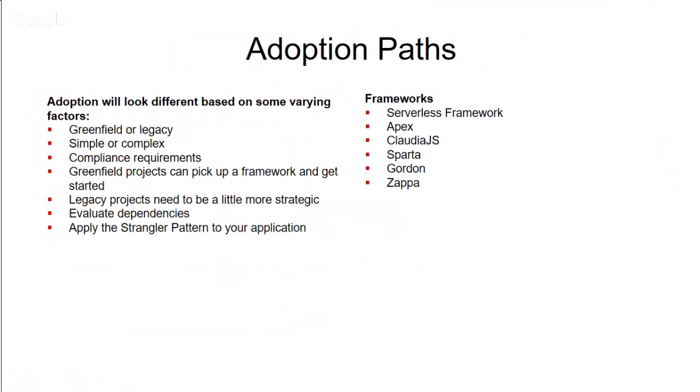And apart from it, legacy projects need to be more strategic. They need to strangle your applications. For example, take a small bit from your monolithic application, migrate only that to serverless, and see how it works, and then slowly migrate every part. Okay, decouple. So identify different tiers of your application, take a small service within your monolithic application, and convert it into a serverless application.